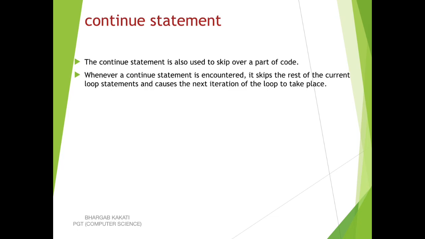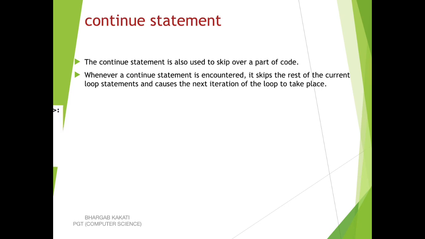Whenever a continue statement is encountered, it skips the rest of the current loop statement and causes the next iteration of the loop to take place. Now, unlike break, whenever continue is encountered, the loop will not be terminated. Rather, only that iteration will be skipped.